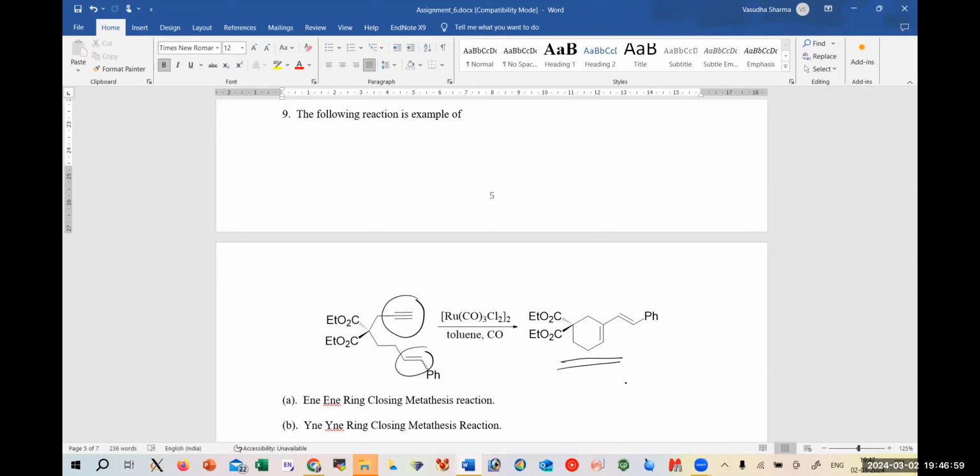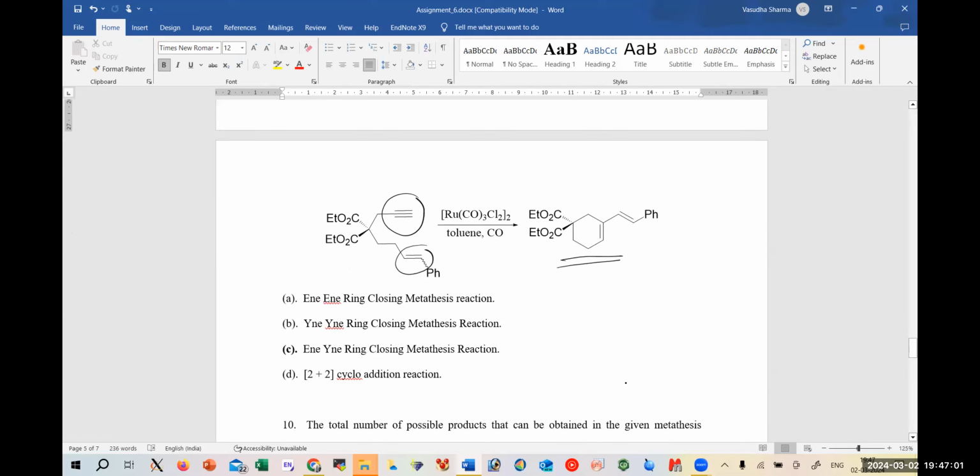It is nothing but your ene-yne mechanism, because only then it is possible to have this kind of ring, 1, 2, 3, 4, 5, and 6.